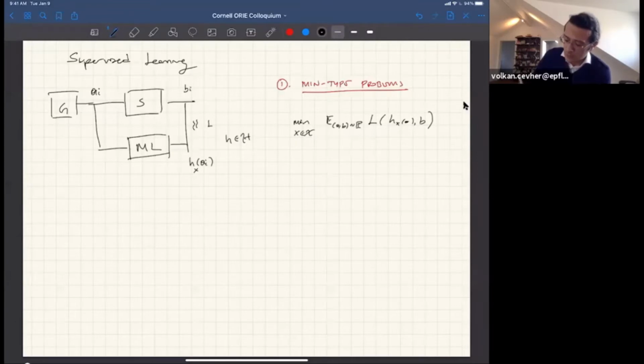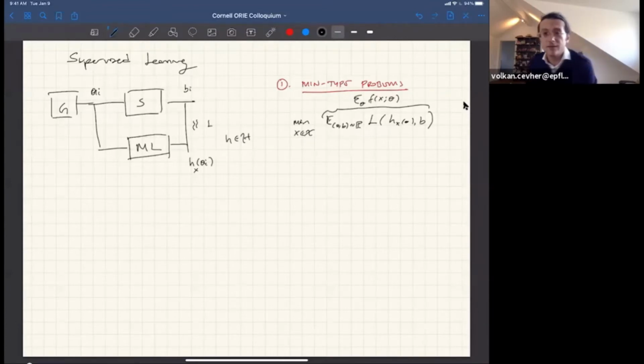One can think of this simply as minimization of the expected f(x, theta) in the optimizer notation. And what we typically do is have some sort of a finite sum approximation of it.